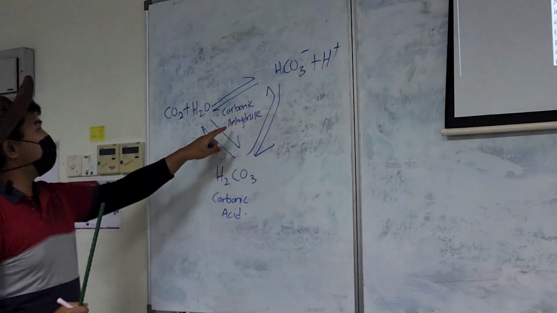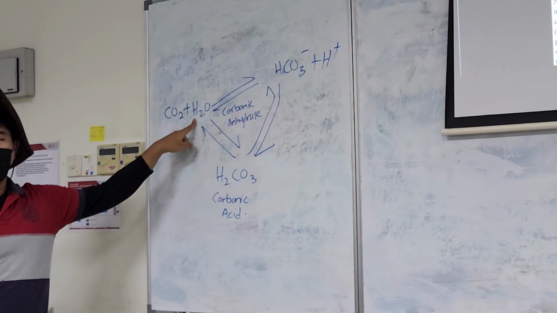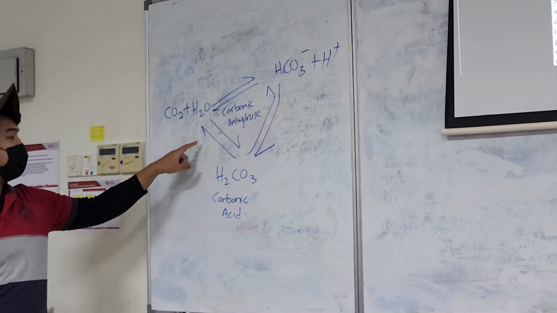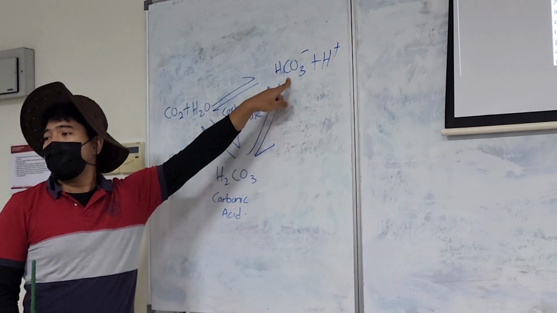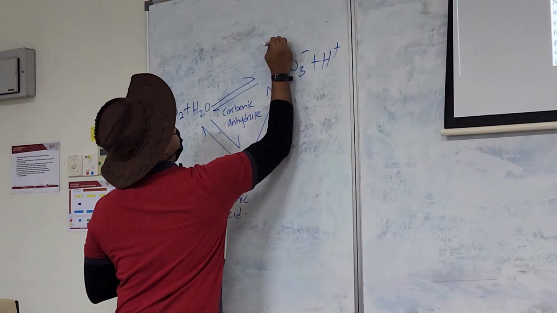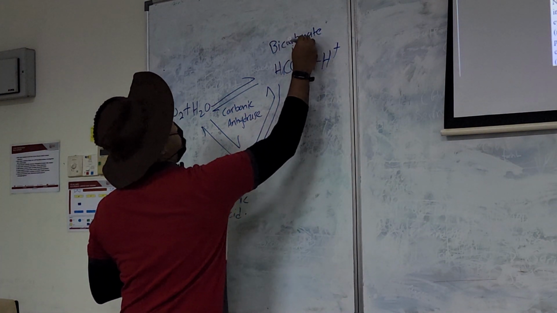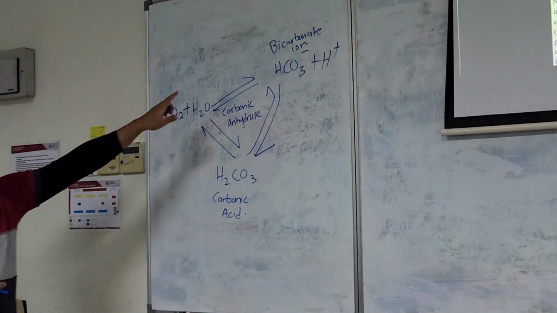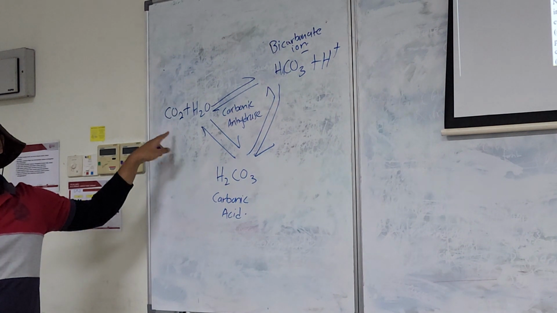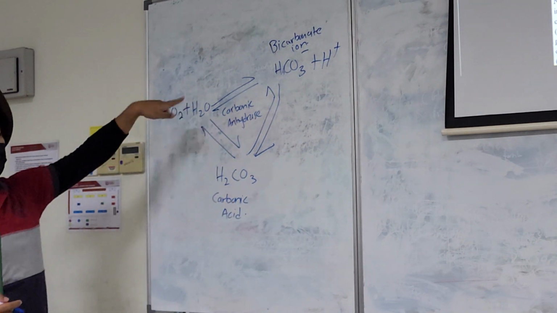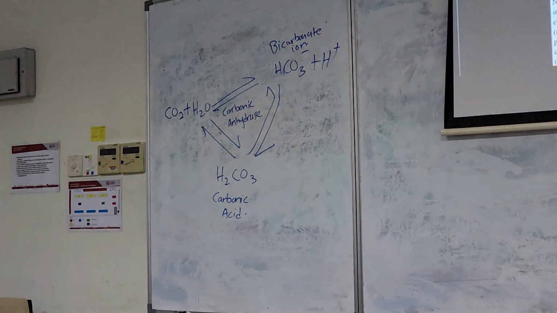Okay, so you can see that carbonic anhydrase can make CO2 that has dissolved in water to become carbonic acid, and then from carbonic acid it can further change itself into bicarbonate ion. This is bicarbonate ion. You know your bicarbonate that you use to make whey? It's the same thing. Bicarbonate plus hydrogen, and from this it can revert back to CO2 and water. So it's kind of like this triangular reaction with carbonic anhydrase.